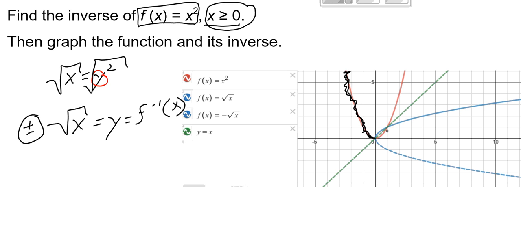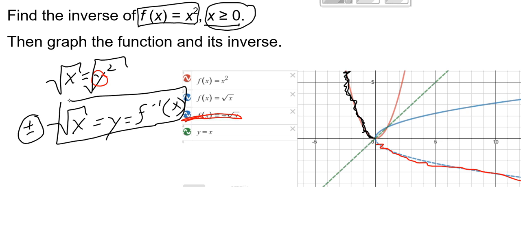So when we graph the square root of that, we don't get this graph because we don't need to worry about the negative part. That is why that one's dotted out. So you notice that our inverse, the square root of x, graph in the blue, is just that reflection over that y equals x line.